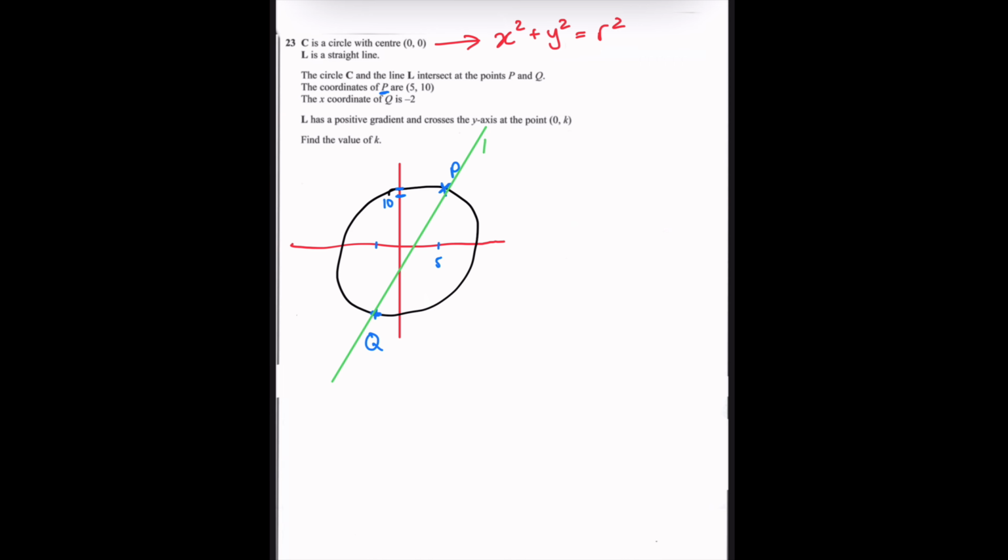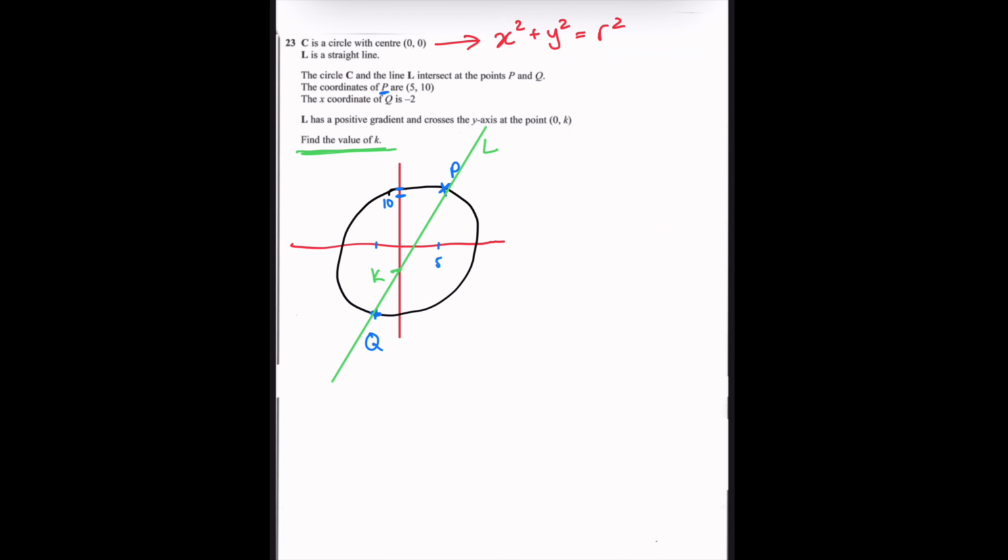Okay, this is line L. L has a positive gradient and crosses the y-axis at the point 0, k. So I'm going to call this k. And the question is, find the value of k. So the y-intercept of that line.